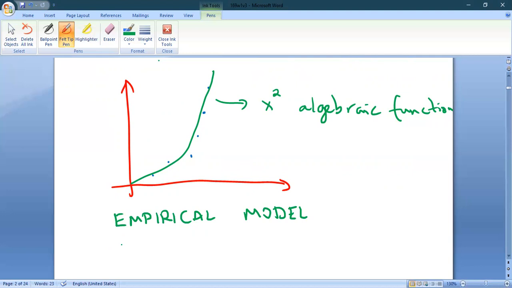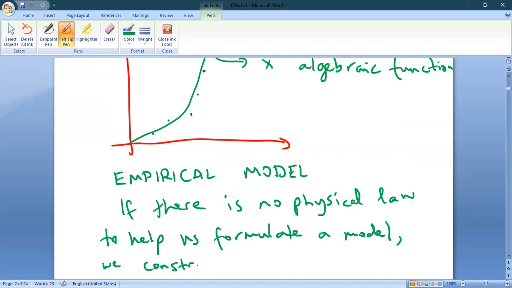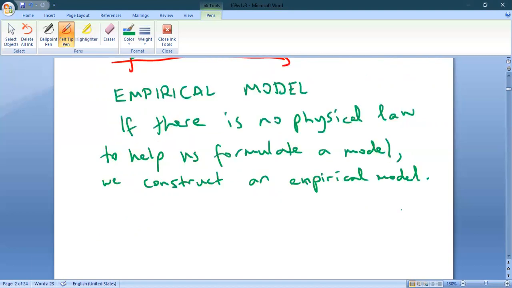This is used if there is no physical law to help us formulate a model, then we construct an empirical model, which fits the data we have at hand.